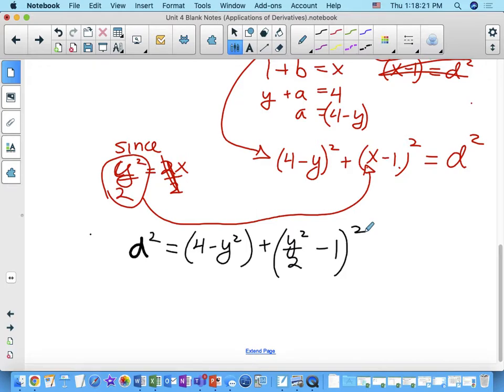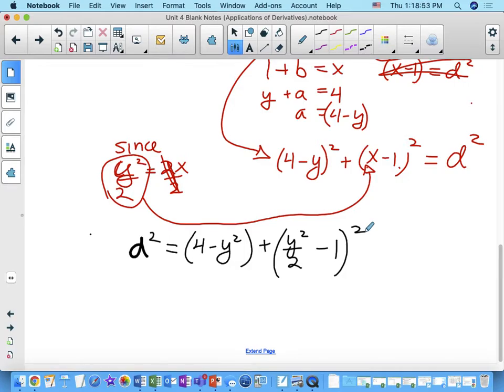I can take the derivative of d squared. Treat this as an entire variable, and just take the derivative of that. All that I'm really after is what value of y makes this a minimum. So I just need to know where d squared is at a minimum, because it's going to be the same as where d is at a minimum.